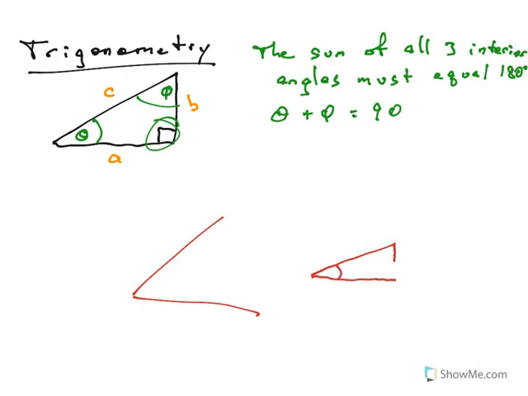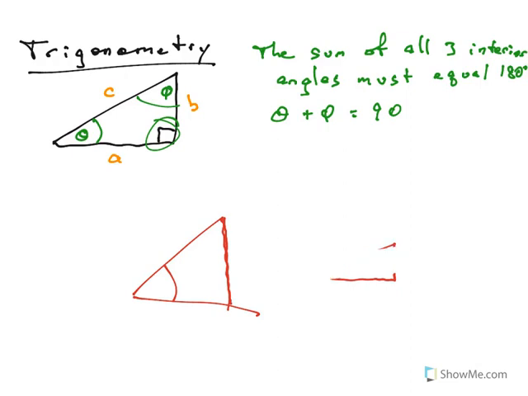Smaller angle, the side opposite is a smaller length than here. This angle is bigger, the side opposite is longer. So if you have a big angle, then the side that's across from that big angle is going to be a big side. You have a small angle, it's going to be a small side.